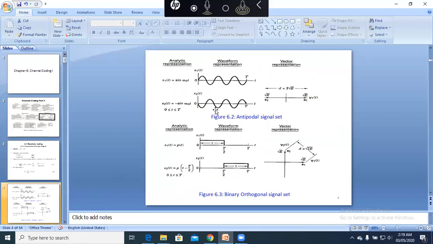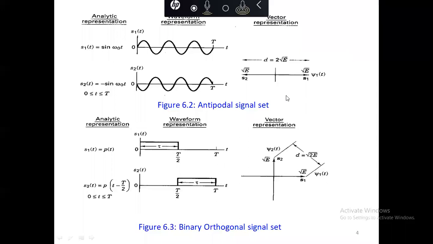Pictorially, you can see these two waveforms. The antipodal waveforms have the distance of 2 root E. But in case of orthogonal, this distance is root 2E.